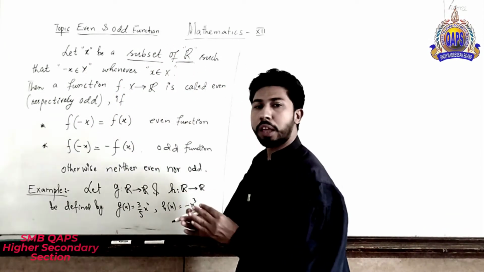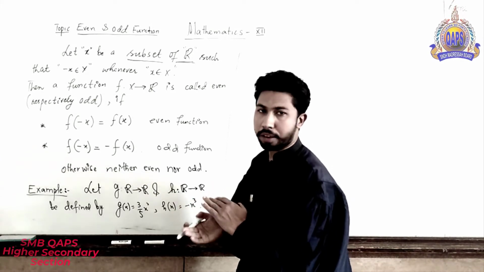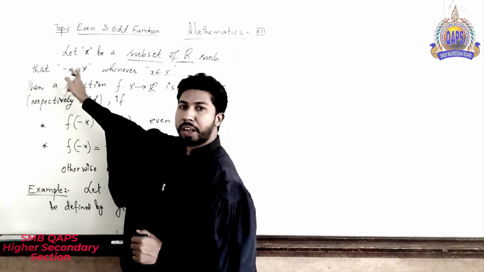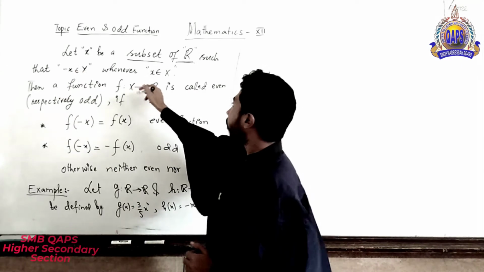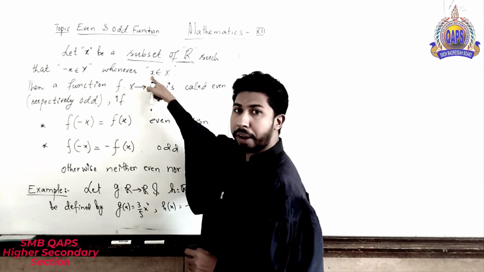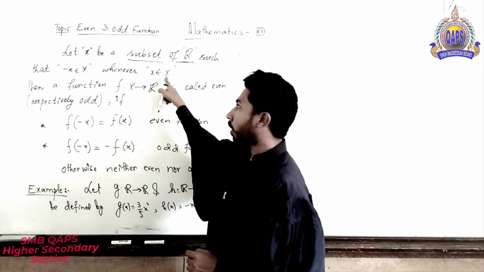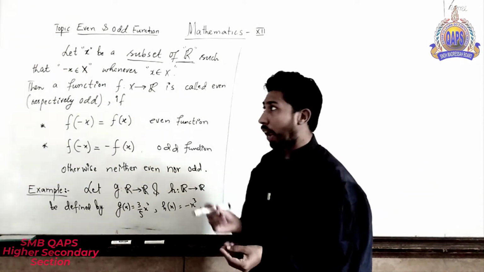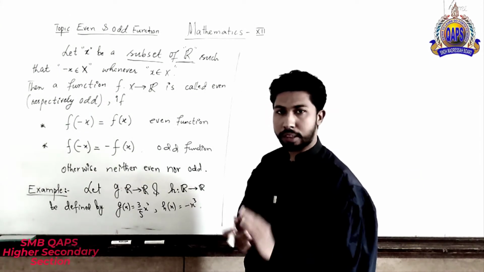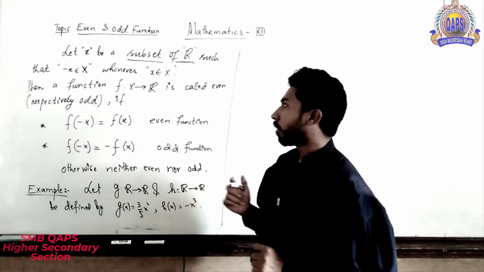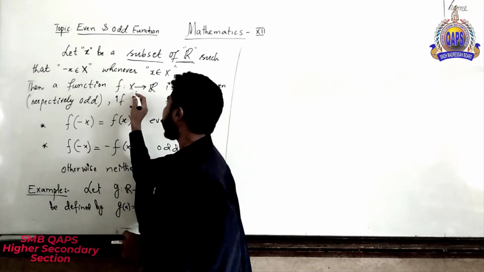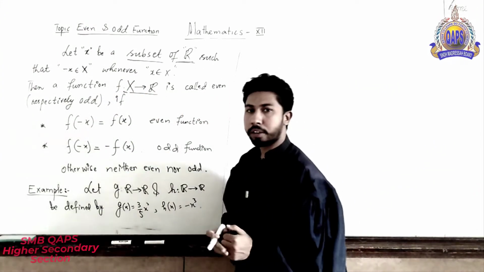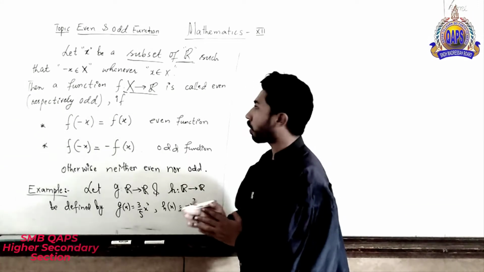Capital X represents the set, and small x represents an element of the set X. Then a function f from X to R, or x mapping to R.